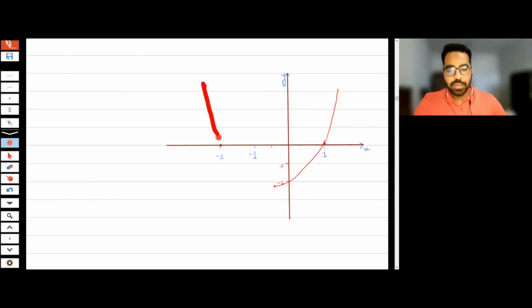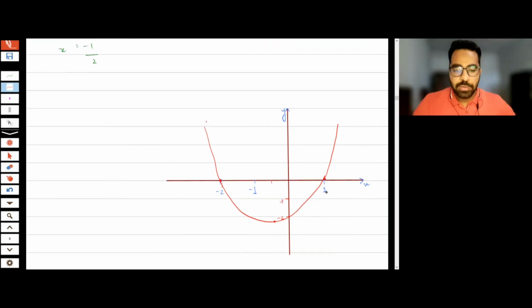I can connect this such that this part is the exact image of this part. So let's connect it like this.